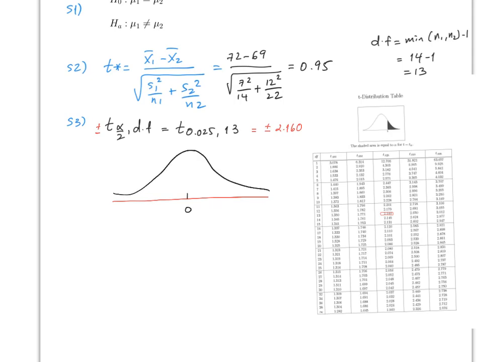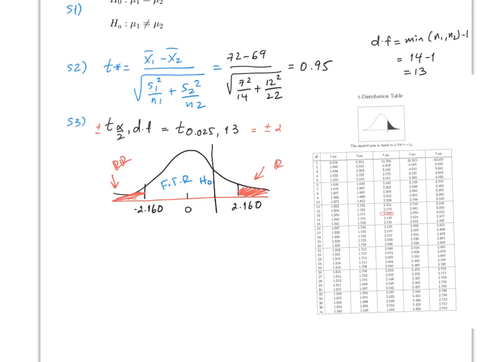Then draw the rejection region. So we have 0 here, 2.160 there, and minus 2.160 here. This part is the rejection region, and again, this is identical to what we did in chapter A. And this part right here is fail to reject H0. Then you look to step 2. From step 2, t star is 0.95.